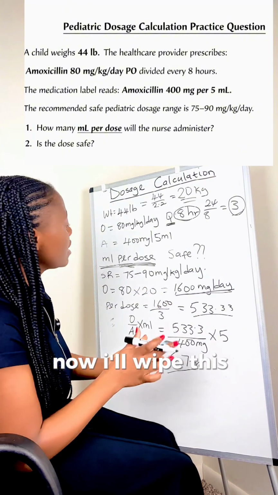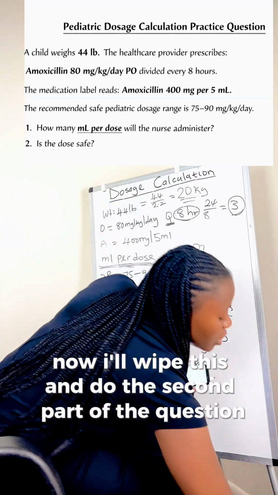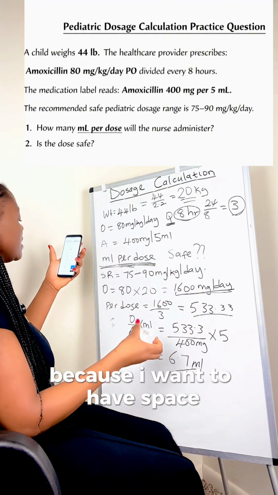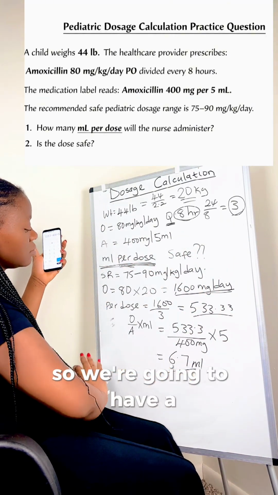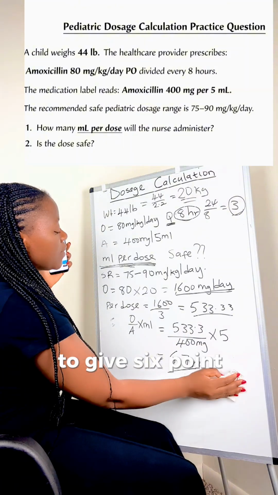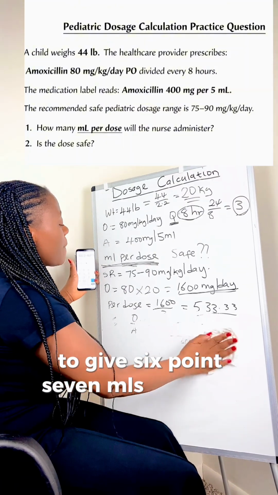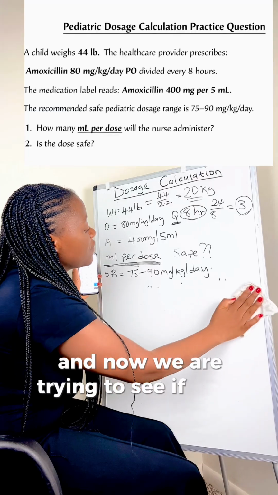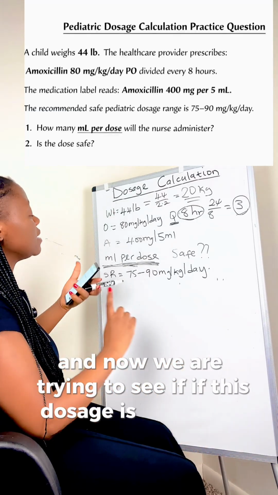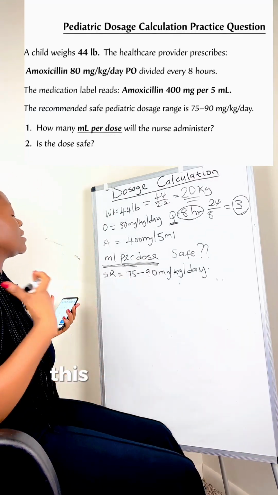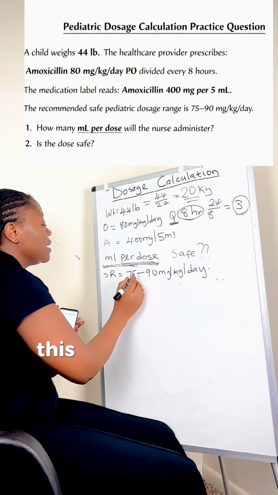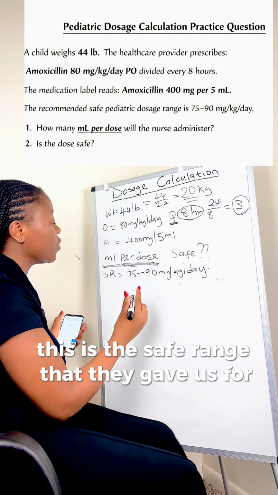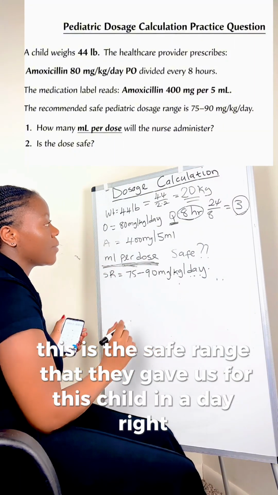Now I'll wipe this and do the second part of the question because I want to have space. So we're going to give 6.7 mLs per dose for this child. And now we are trying to see if this dosage is safe or not. This is how you're going to do it. This is the safe range that they gave us for this child in a day, right?